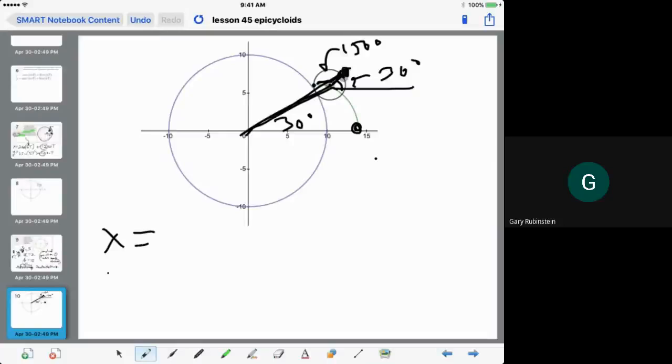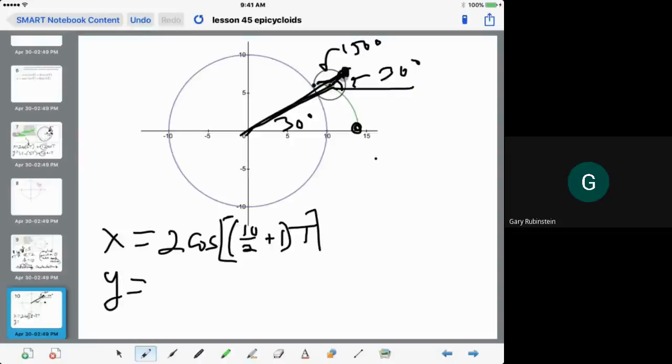x, y, 2 cosine of 10 over 2 plus 1 t. So it's b over a plus 1, 2 sine 10 over 2 plus 1.